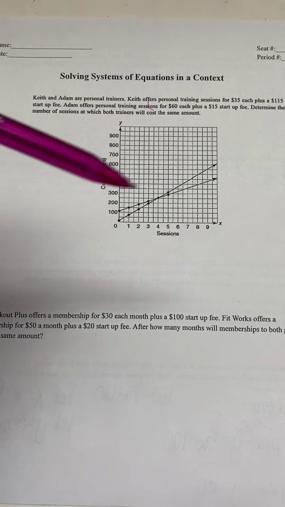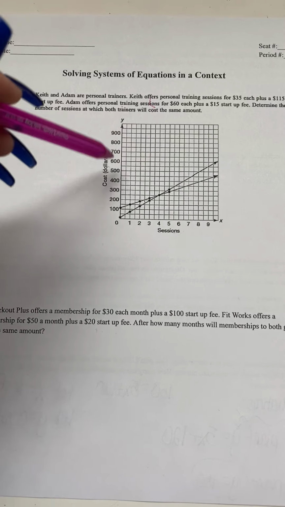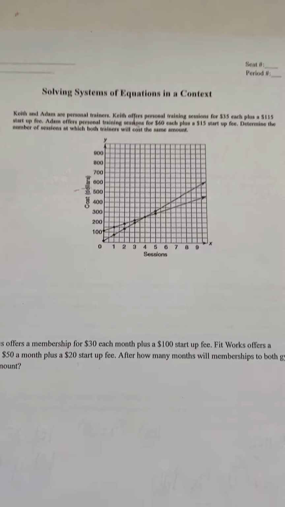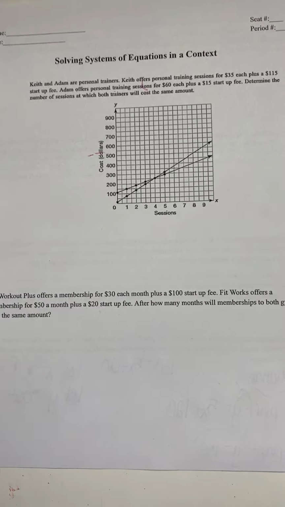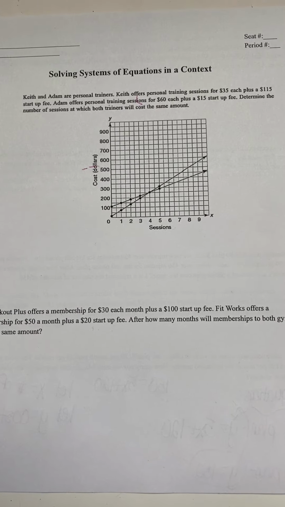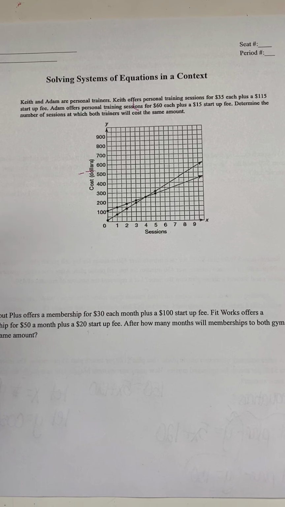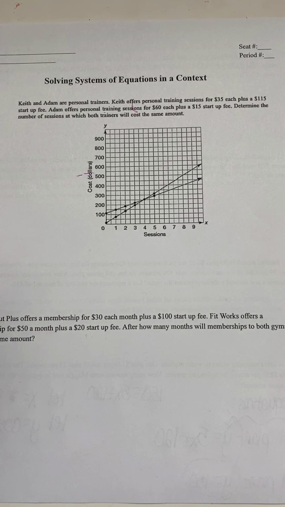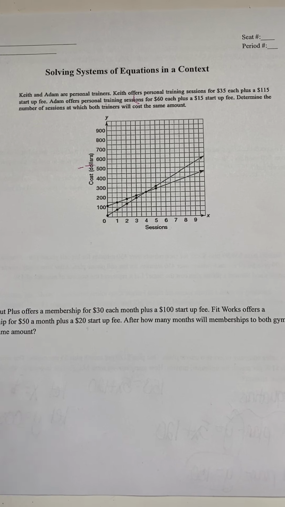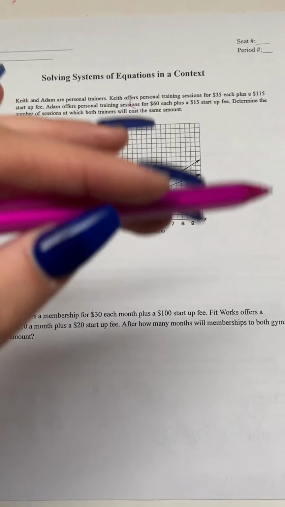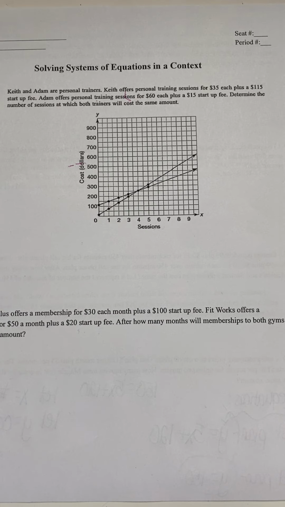But I have included the graph to this problem, so I'm going to challenge you and say that you already know the answer. You're probably like, what? But just look at this graph and see if you can find the answer.